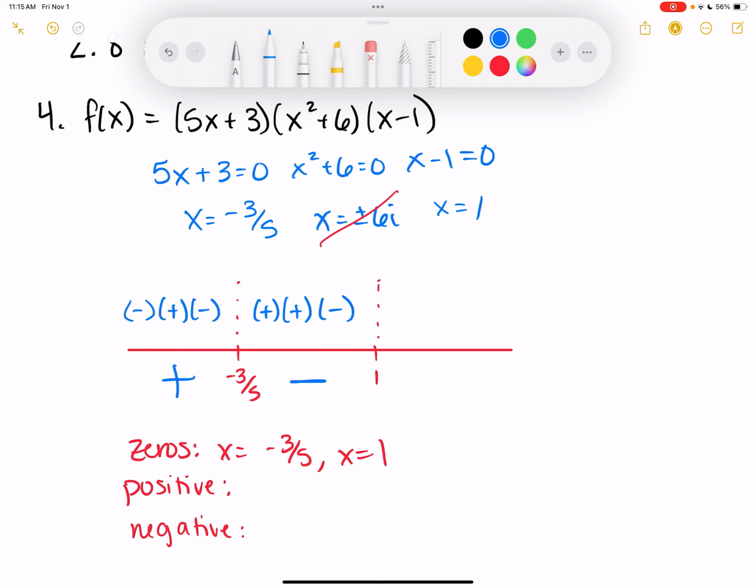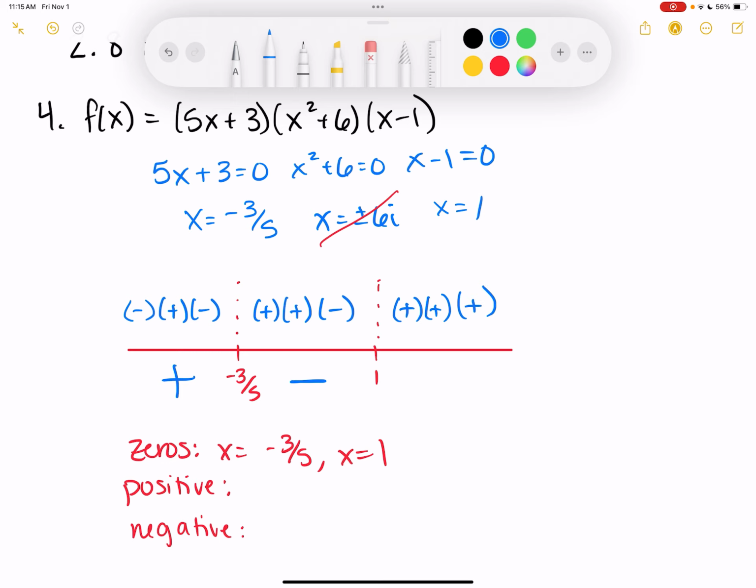What number do I put here? Can't be 1. I would choose a whole number, so I would choose 2. Plug in 2. Is this positive or negative? What about this one? Positive. And last one? Positive.